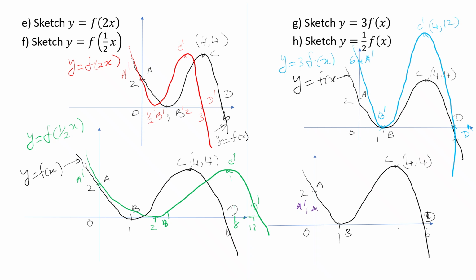Point B, y coordinate 0, so it still does not change, remains the same, B dash. Then point C, y coordinate is 4, so half times 4, which is 2, so here C dash 4, 2.